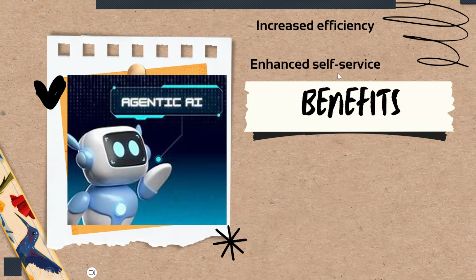Enhanced self-service: it is automated itself, so we call it self-service, but we say it is an enhanced one. Say, for example, when we are engaging with chatbots, this Agentic AI will understand the customer's intention.